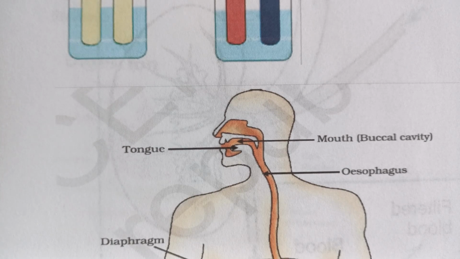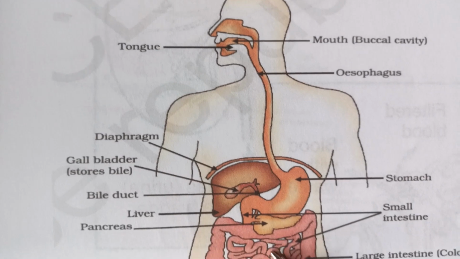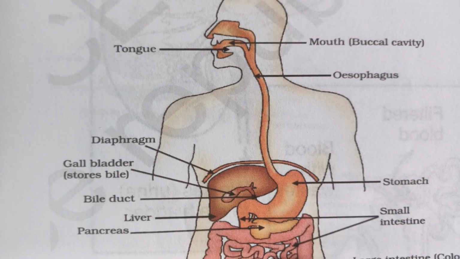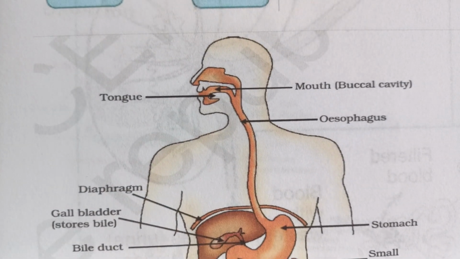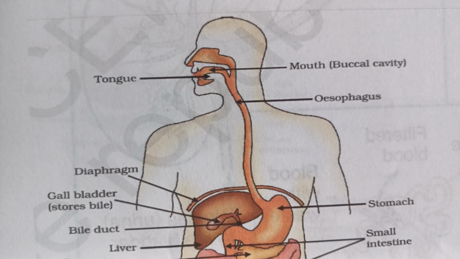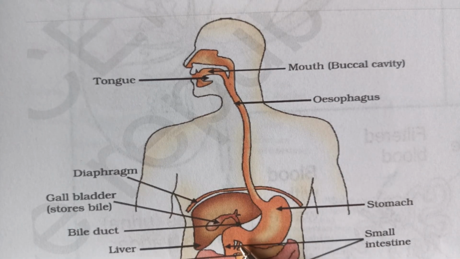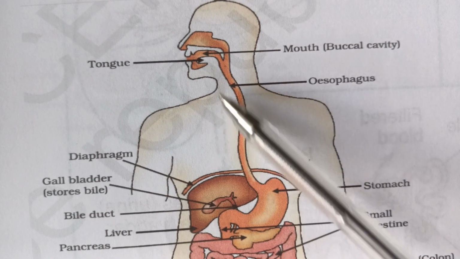Now food has to move from the mouth to the lower structures of the digestive tube. This movement in a regulated manner along the digestive tube is a property of this canal.